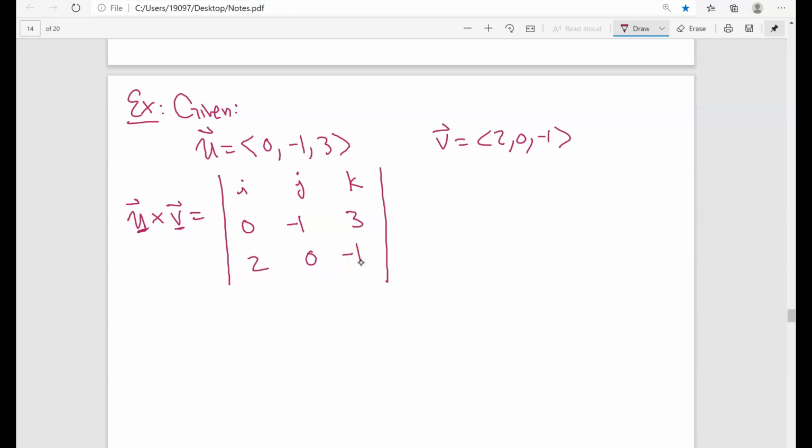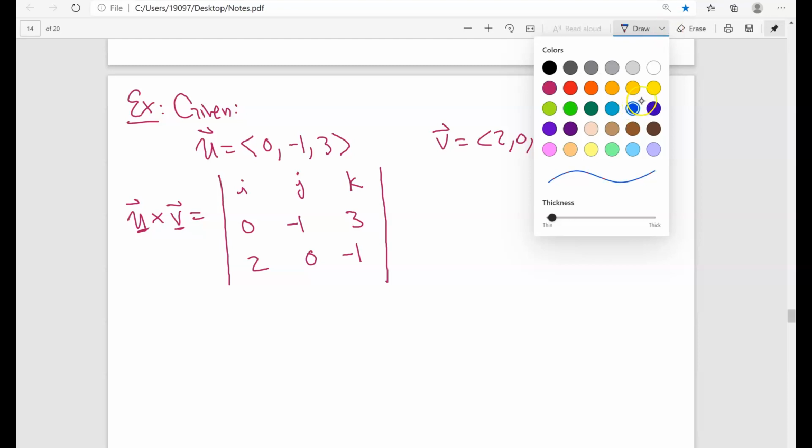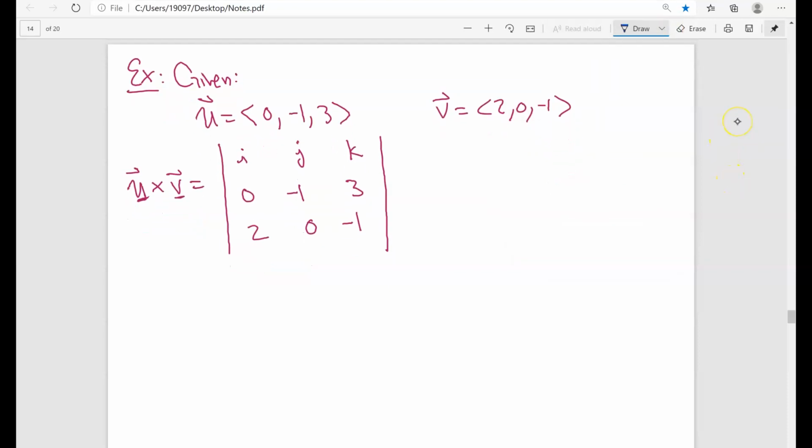Okay, and later on when we get to matrices, you'll see that it's kind of like the way that we find determinants. So we are going to work with i first. i will be our first culprit. The way this works is that we pretend that everything below it and everything to the side of it is gone.